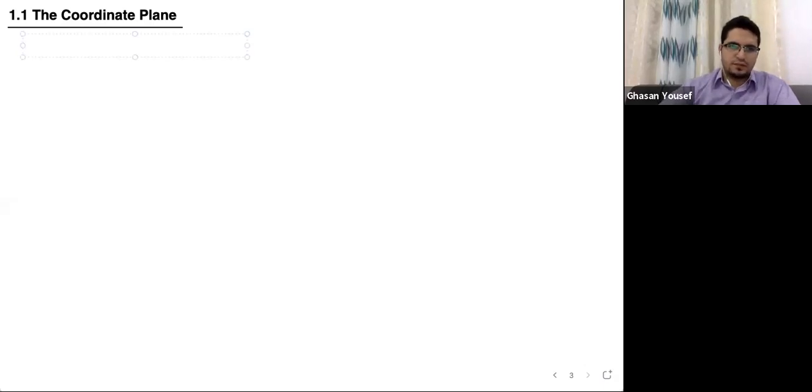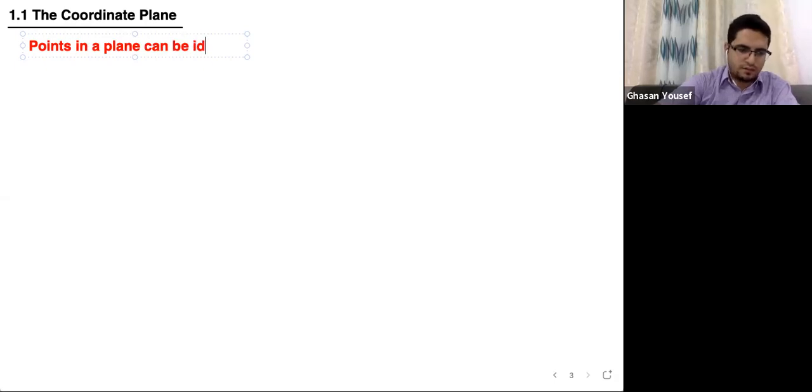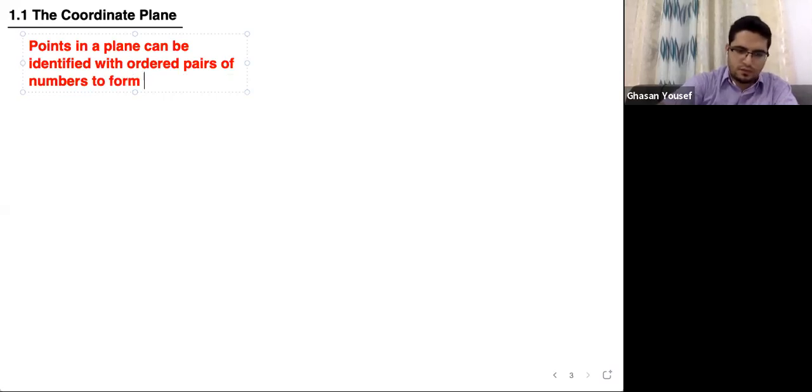A point in a plane can be identified with ordered pairs of numbers to form the coordinate plane, or the Cartesian plane.